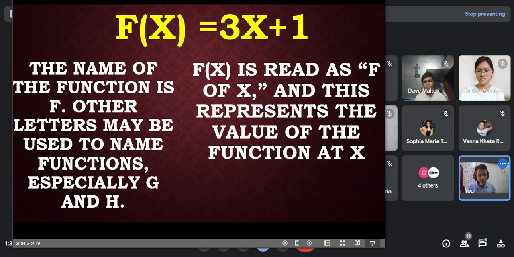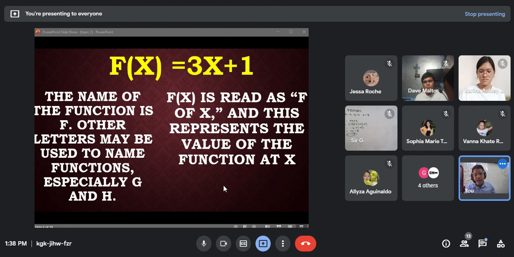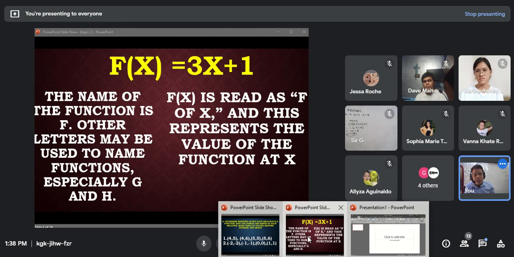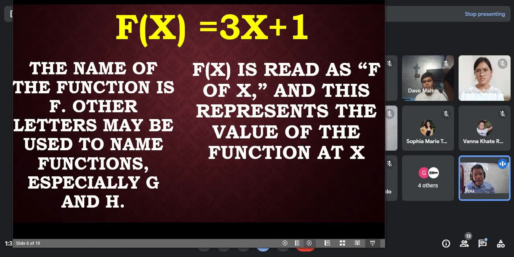Andun yung word na of. Hindi yan f times x kasi kapag may parenthesis tayong nakikita, that is times, hindi po. F of x represents the value of the function at x. Okay po. So yun yung kung paano natin babasahin yan.